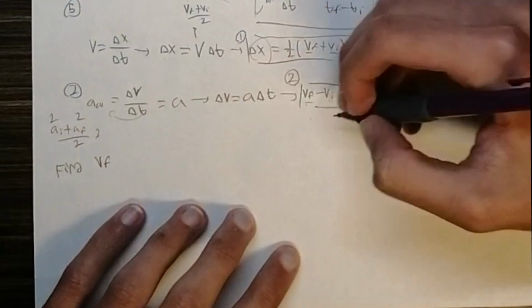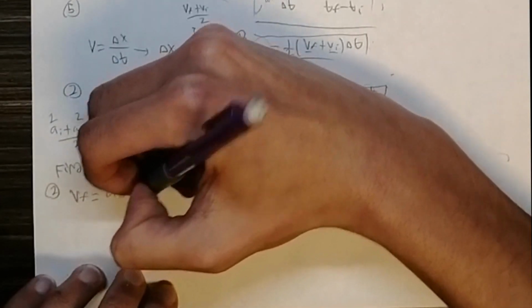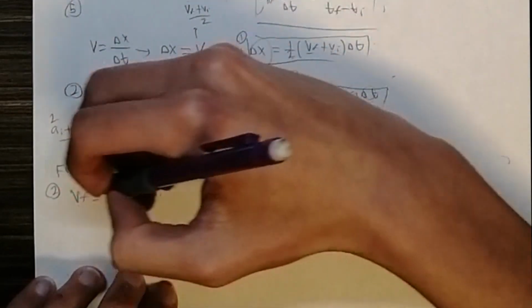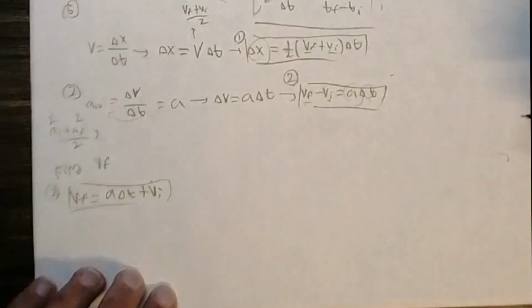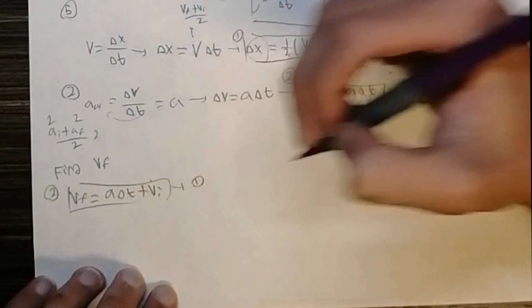So we're going to take equation 2 and rearrange it so that v final is equal to acceleration times the change in time plus initial speed. There we go. We've isolated for vf. Now we're going to plug this into equation 1.